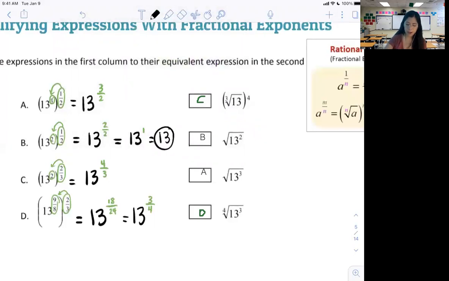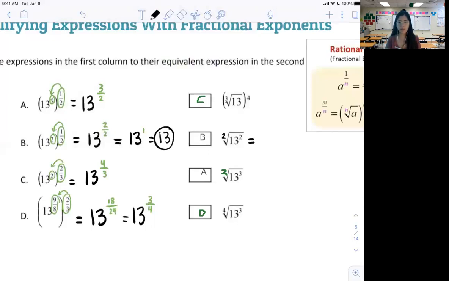Well, let's take a look at how it's written over here. Here we have the square root of 13 to the power of 2. And we talked about this yesterday, the square root is the opposite of going to the power of 2. Same as multiplying is the opposite of dividing, adding is the opposite of subtracting, right?